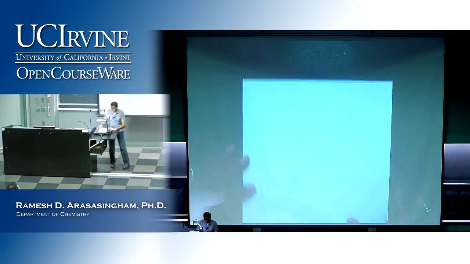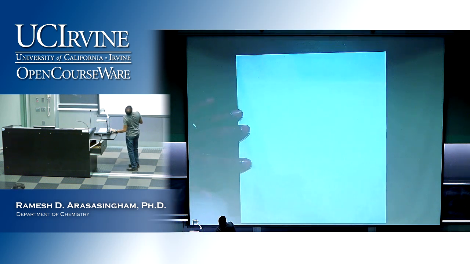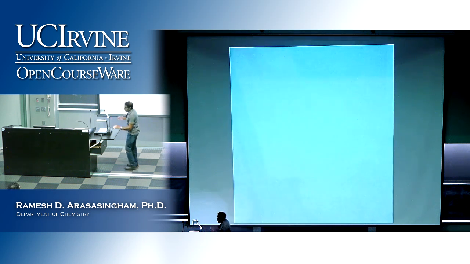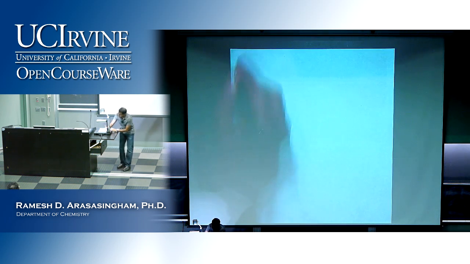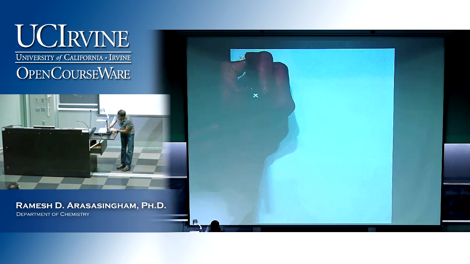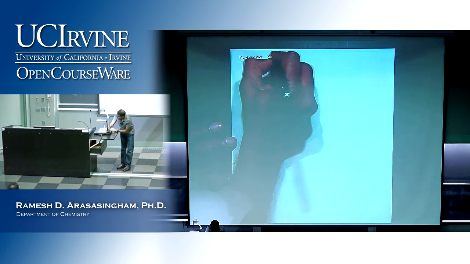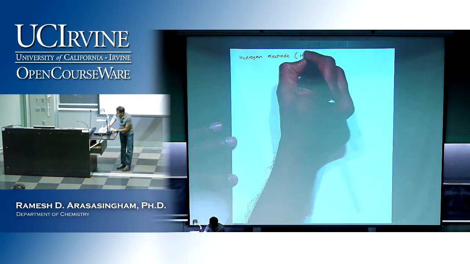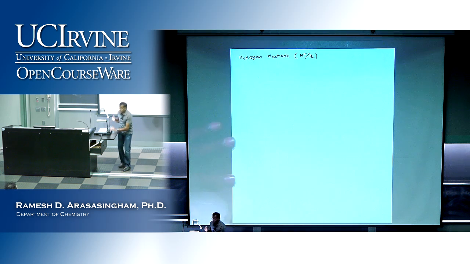So if I take the hydrogen electrode, overall it's called the hydrogen electrode. The cell notation that describes that is H plus, H2.